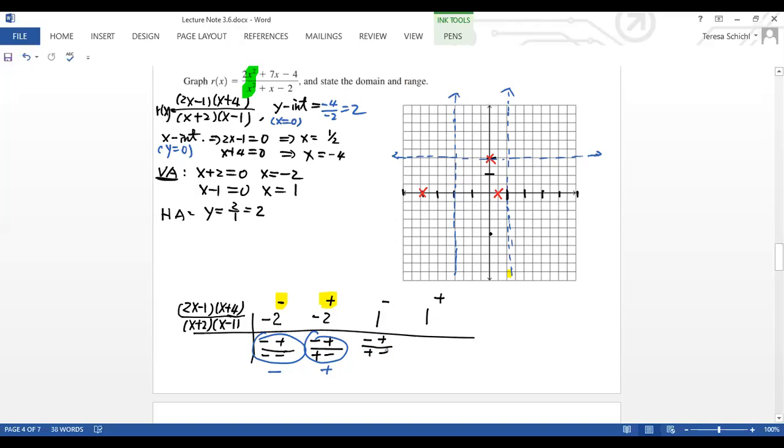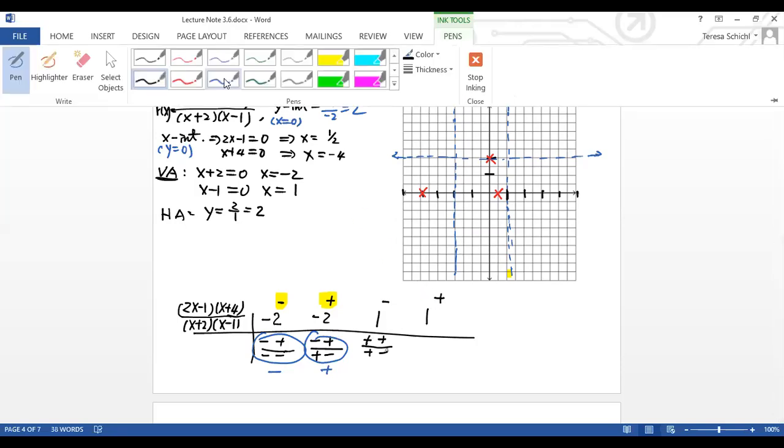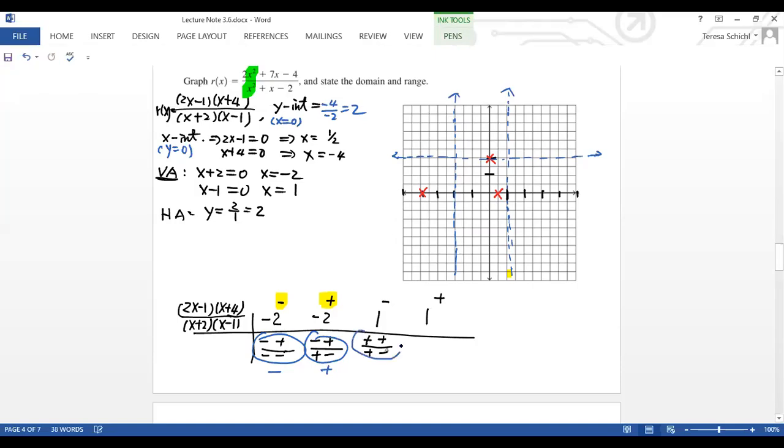From the right-hand side of 1, it's negative, positive. Oh, okay, here is a positive, I mixed up. So this one is going to be negative.